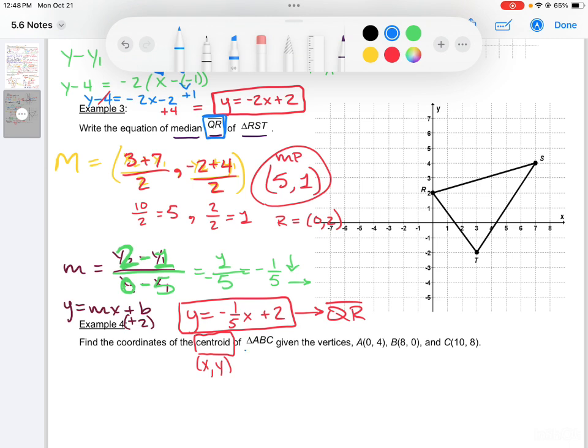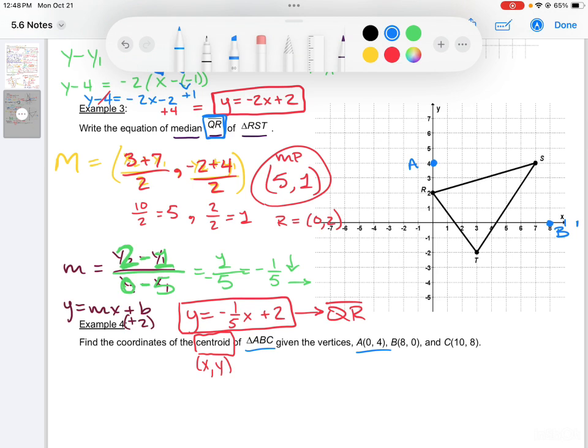So we're looking for an x and a y of the centroid. And it's a new triangle, triangle ABC. A is at 0, 4. B is at 8, 0. And C is at 10, 8.